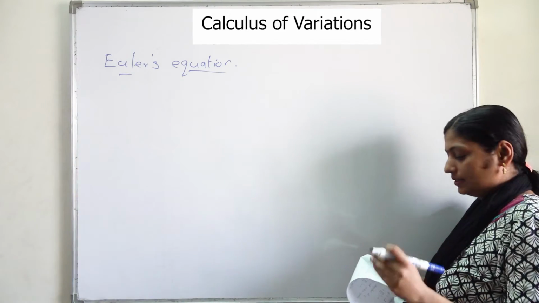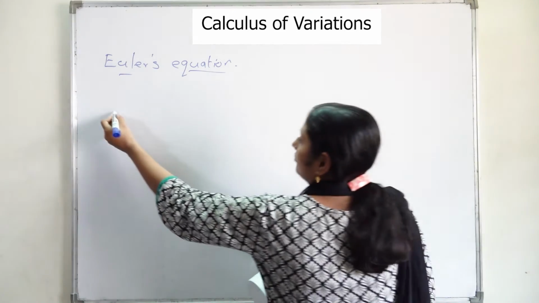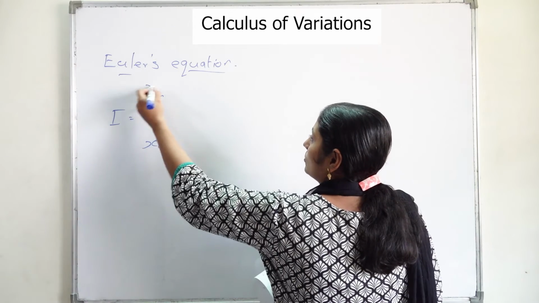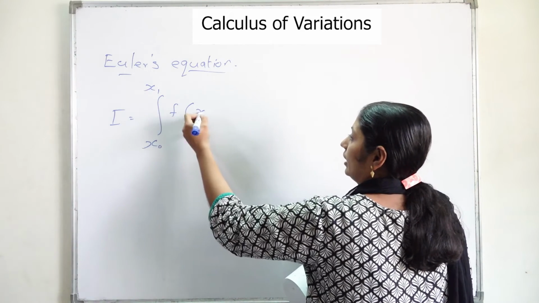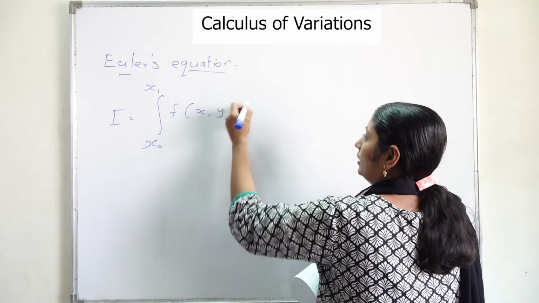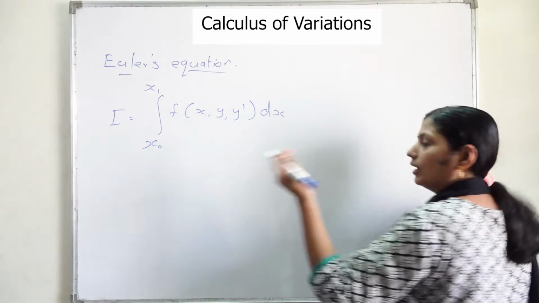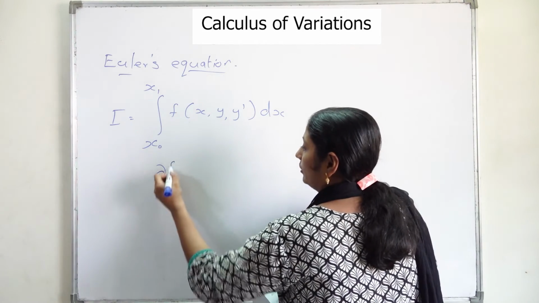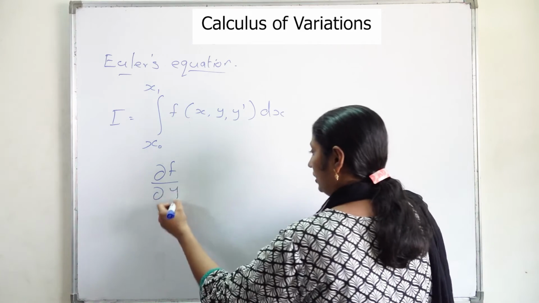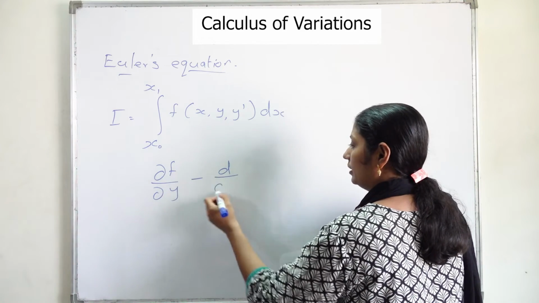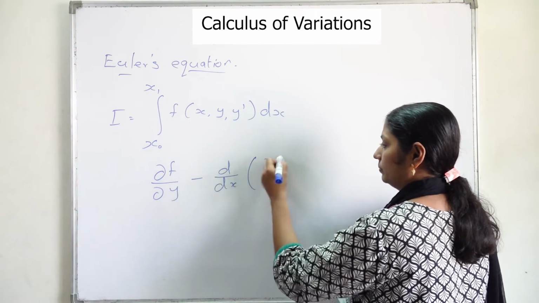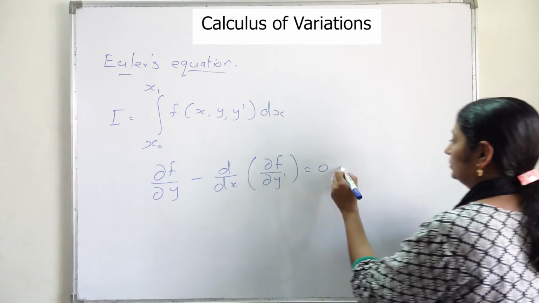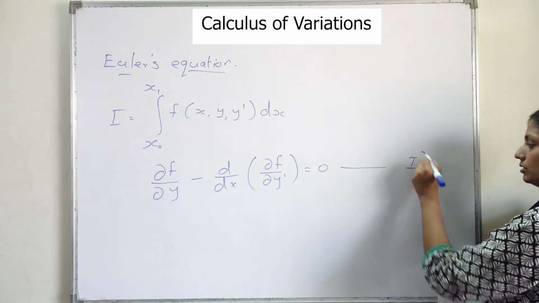A necessary condition for the functional I to have an extremum is given by dou f by dou y minus d by dx of dou f by dou y dash is equal to 0. So this is our Euler's equation.